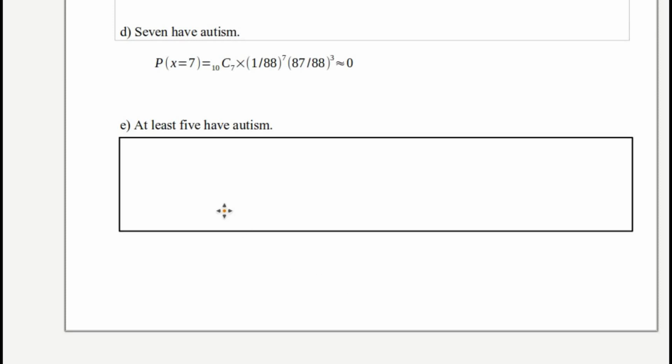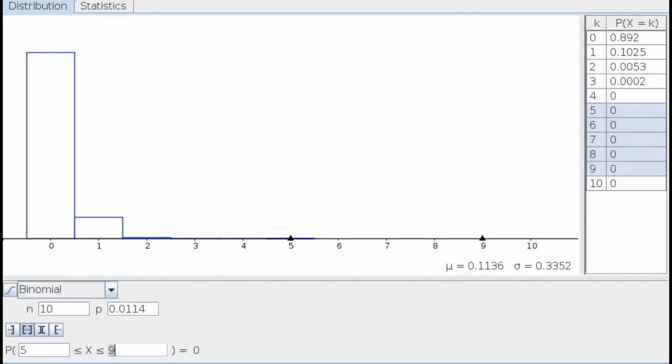Okay, so let's look at the question: at least 5 have autism. Of course, at least 5 means that we're talking about 5 or more. So let's go into our application. Our probability of success is 1/88th, so we can enter that. We're talking about a sample size of n, and we're talking about at least 5, so 5, 6, 7, 8, 9, or 10.